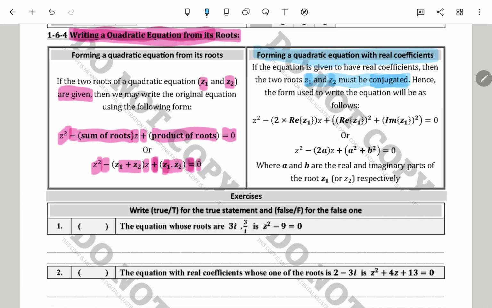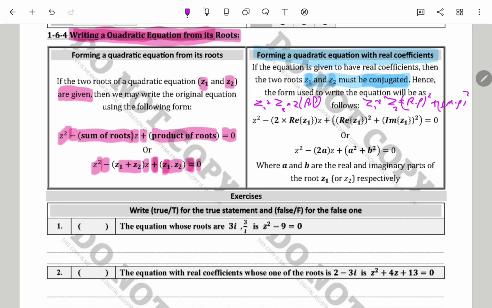Conjugated means they have different signs in the imaginary part, and in this case we can remember how to multiply them and add them. So try to remember that z1 plus z2, if they are conjugates, will give you 2 times the real part. And if you multiply z1 times z2, and they are conjugates, you will get the real part squared plus the imaginary part squared.